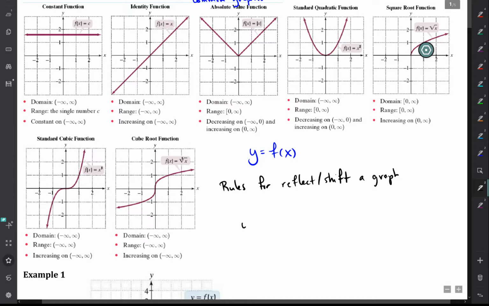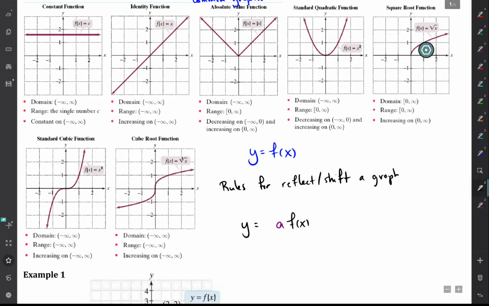If you start with y equals f of x, then there's a number of different changes you could do. You could have a times f of x. A times f of x is going to stretch or shrink the graph vertically.